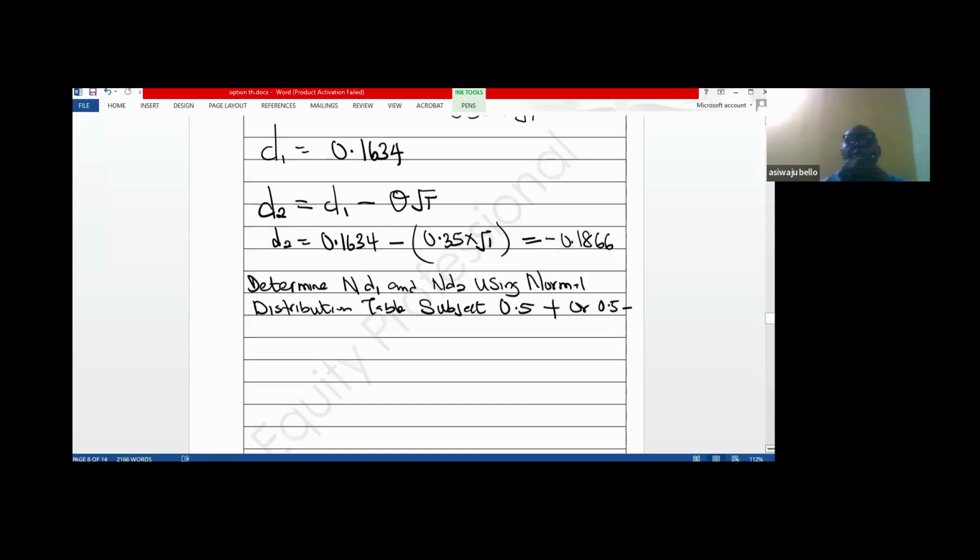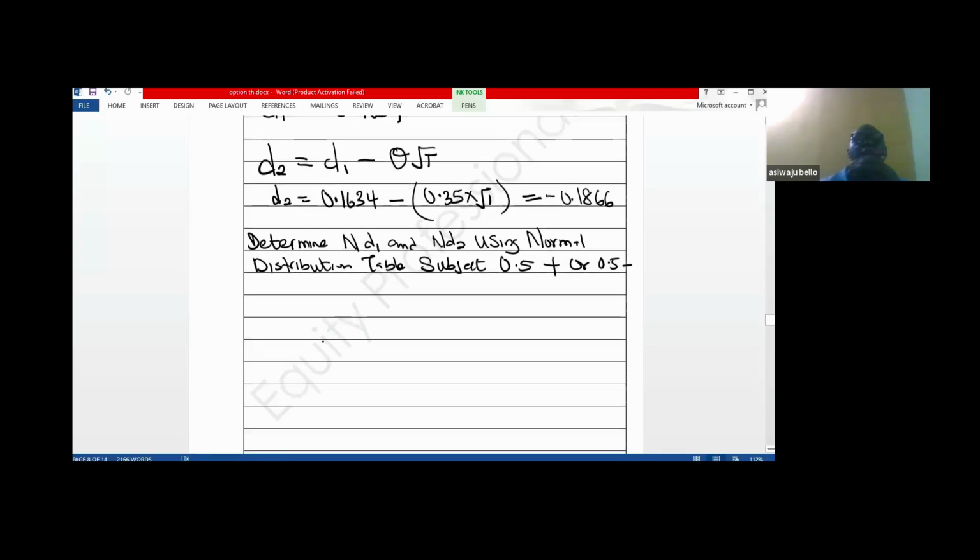We move on. Pick your D1. Our D1 figure is 0.1634. Then establish a range.